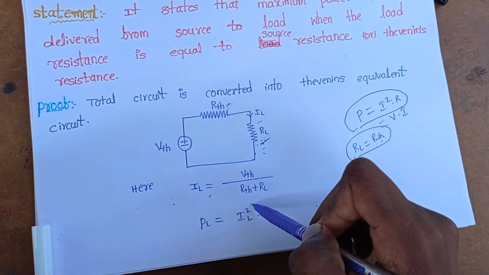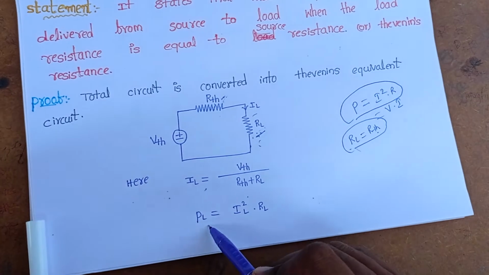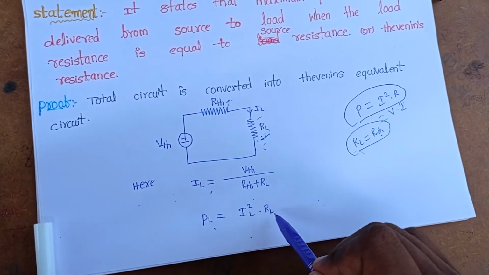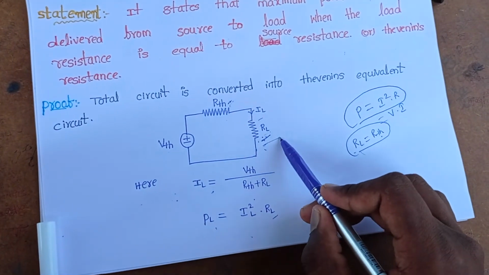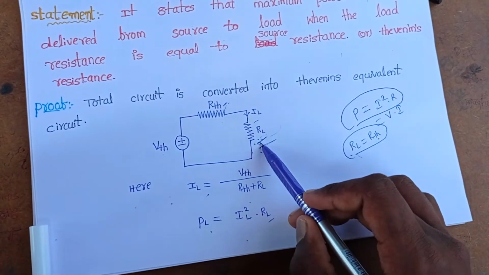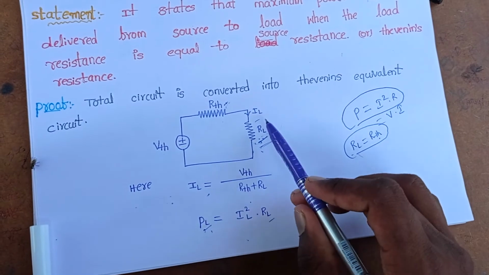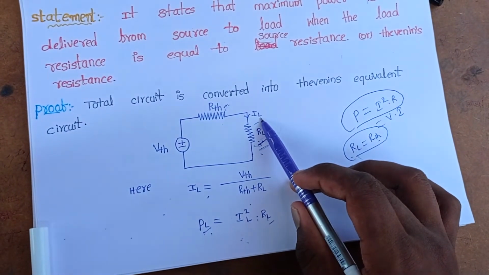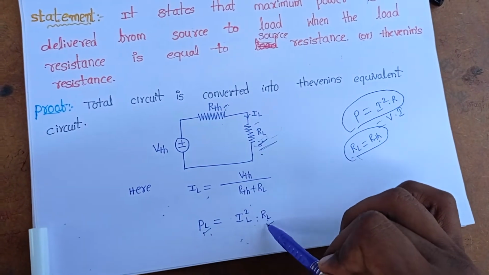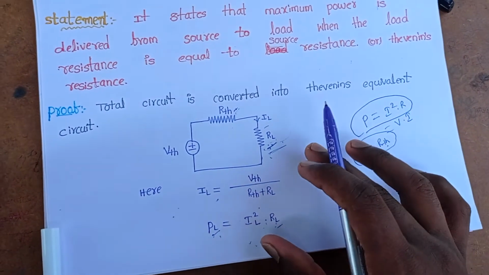Then see the power formula. Power equals I squared R. Here we need to calculate the power at the load. Power at the load is represented by PL equal to IL squared into RL, the square of the load current times the load resistance.